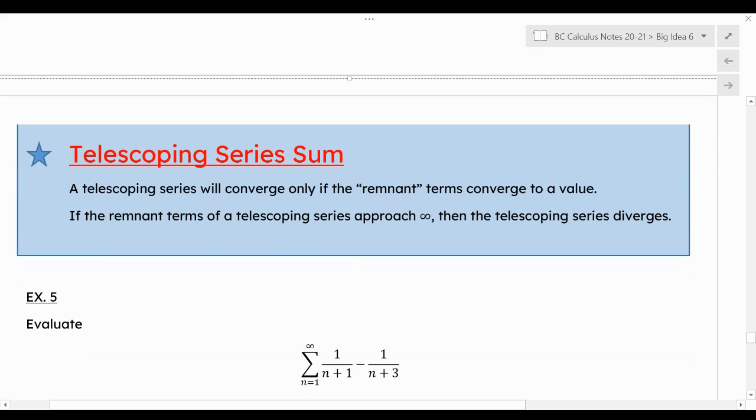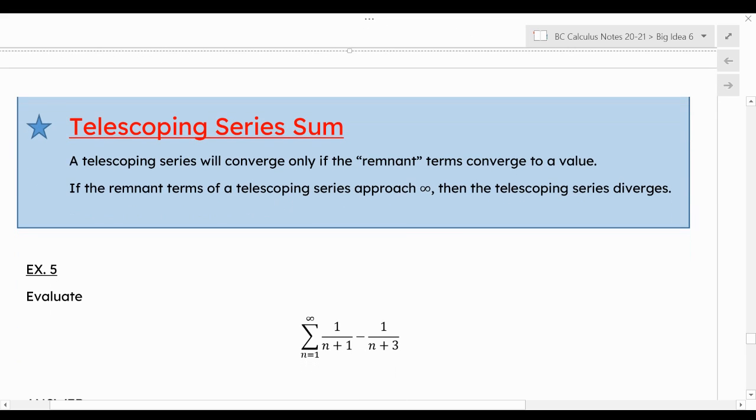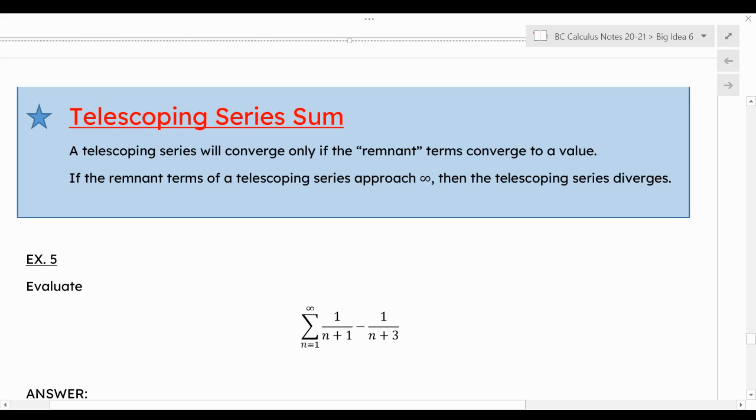All right, so I'll give a couple examples here, and then we'll wrap this extra video up. So here is the sum from 1 to infinity of 1 over n plus 1 minus 1 over n plus 3. And you can see how there's a thing minus a thing that's going to come later. Eventually the n plus 1s will become n plus 3s on down the line.